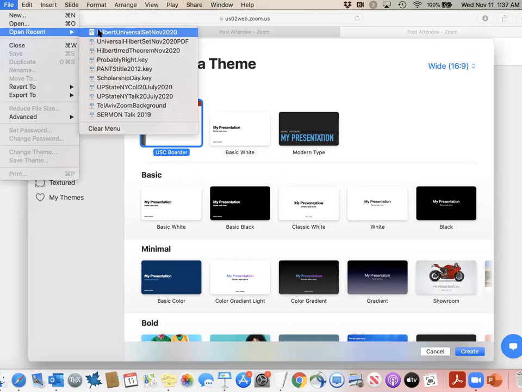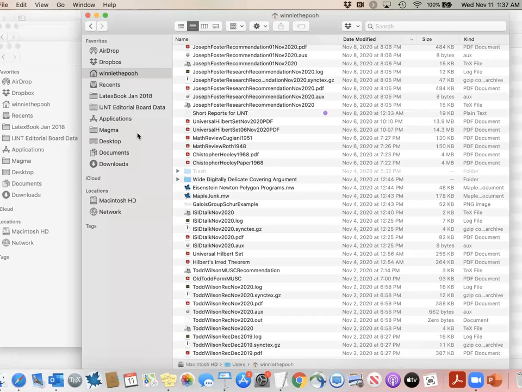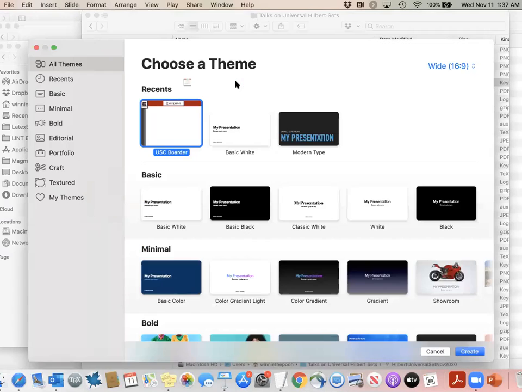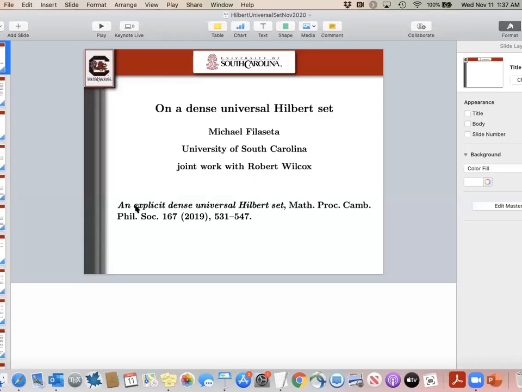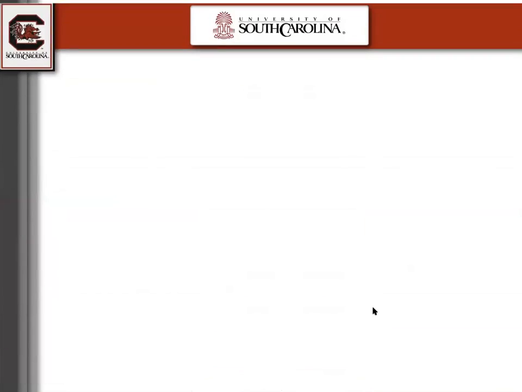Yes, I can see. There's probably a better way I can do the pointer, but I'll go ahead and use this arrow. You can see the full screen though? Yes, I can see the full screen.